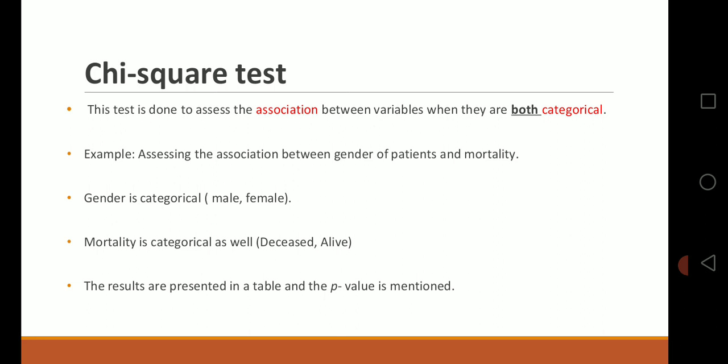طيب نجي لـ our example تاني. Our example قال association between gender and patients' mortality. تمام.